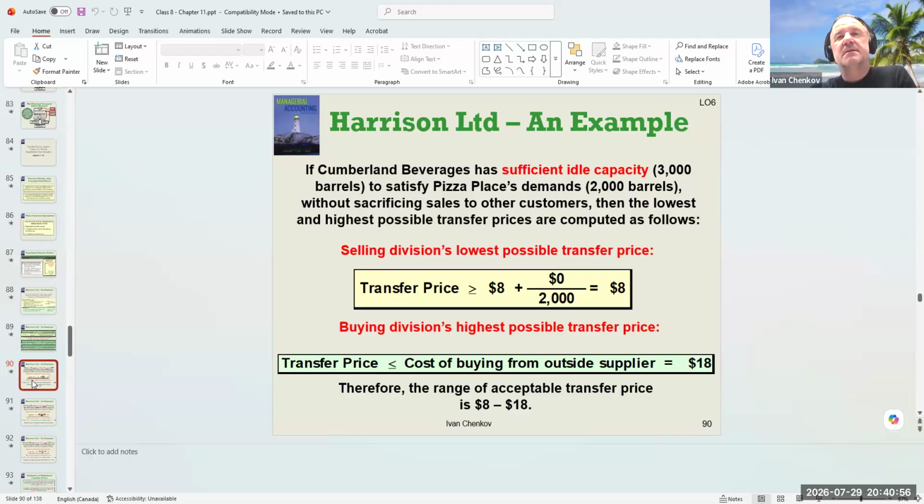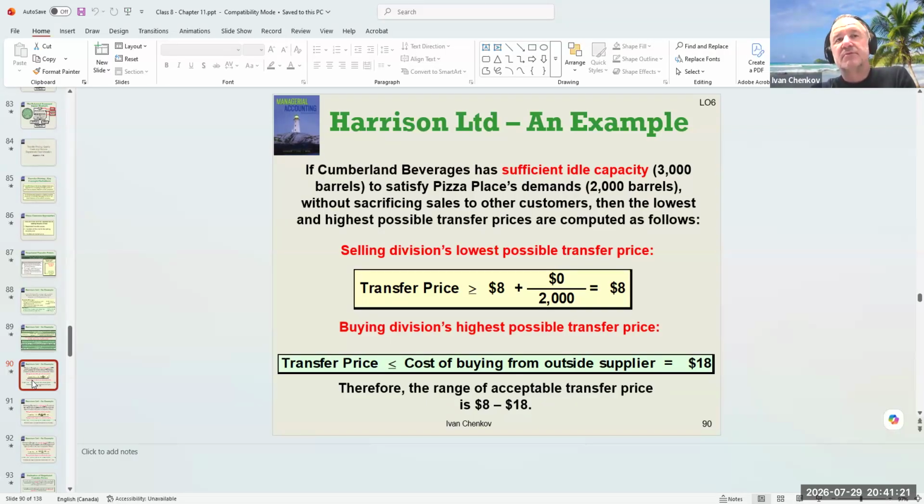They're not going to sacrifice any sales. It's not going to affect our normal sales. So for that reason, there will be no contribution margin lost. If the contribution margin is not lost, then the transfer price can be set on the variable cost only.